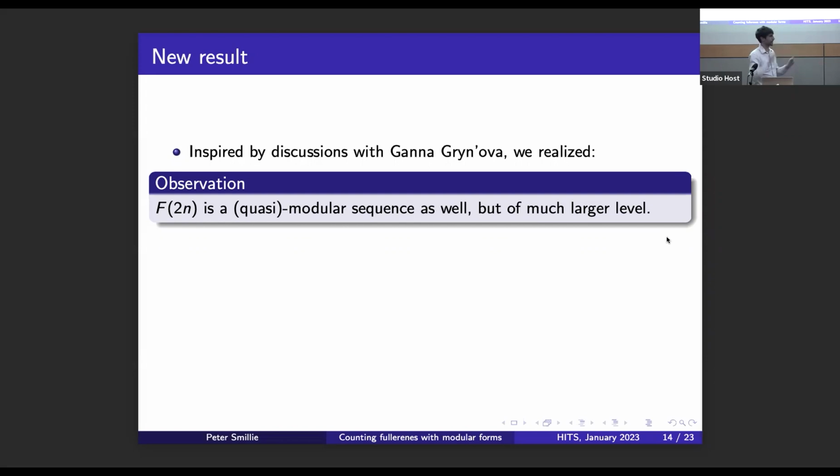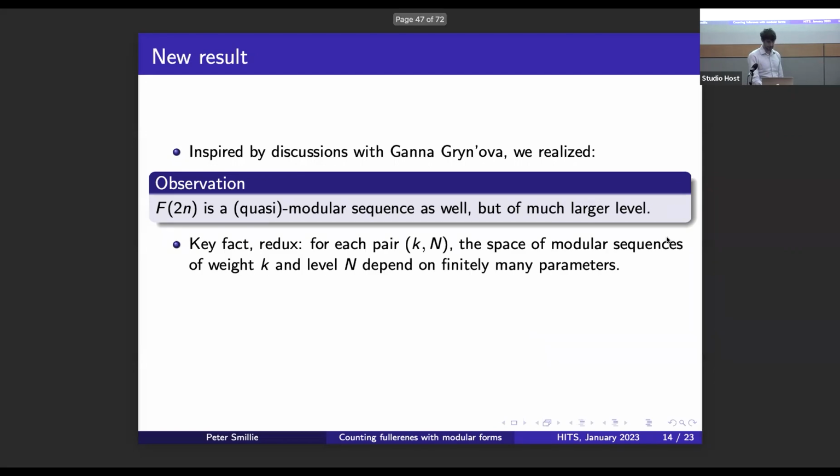So in a more complicated way, the same idea should also let us figure out this sequence. What does that idea mean? For weight 10 in level 1, it just so happens that modularity depends on one parameter, that constant of scaling. For any weight and level, it's still true that there are only finitely many parameters that parameterize the whole space of modular sequences of that weight and level.